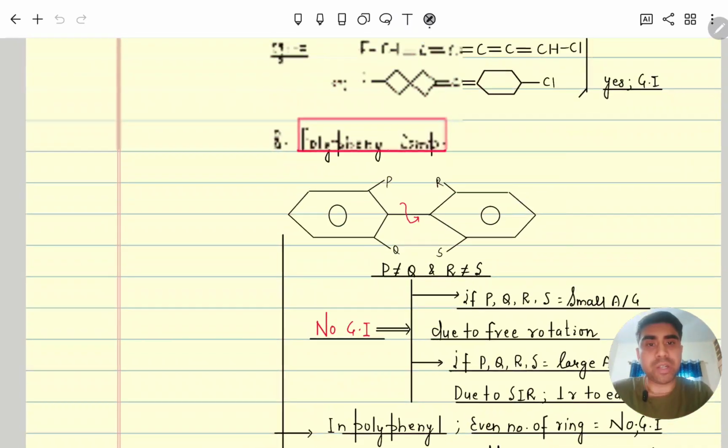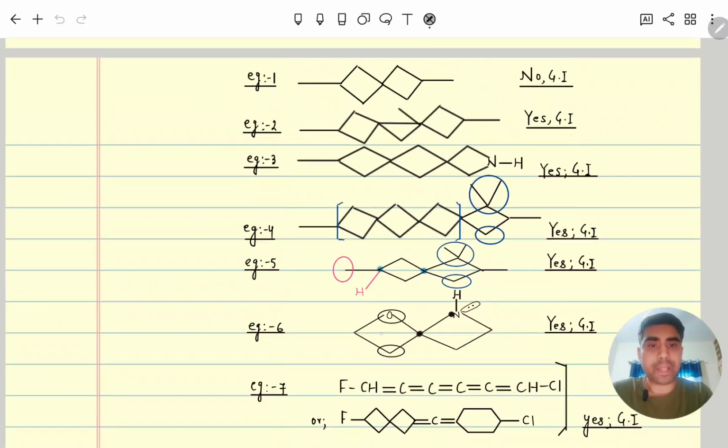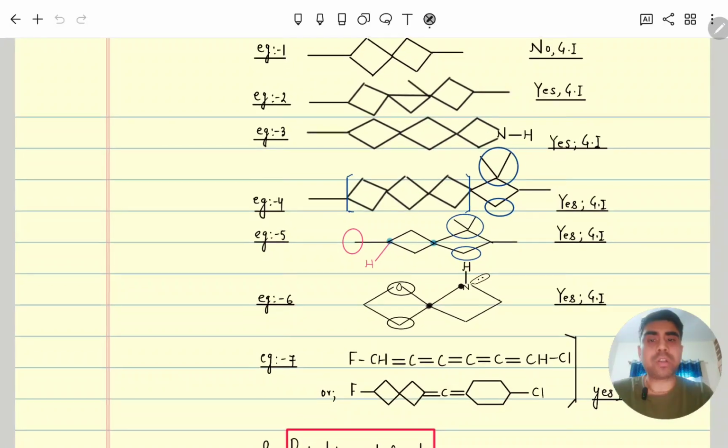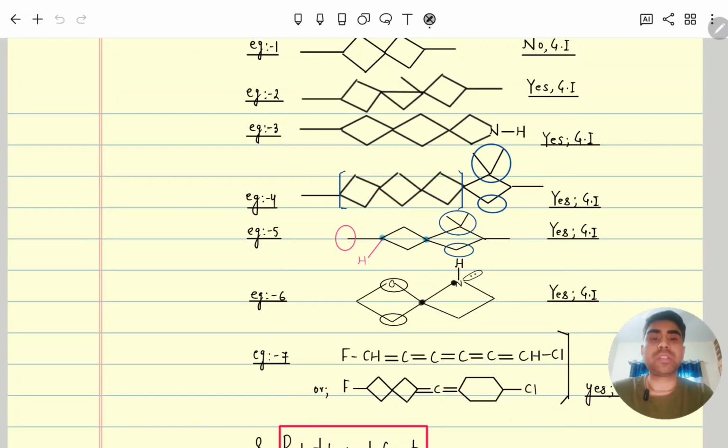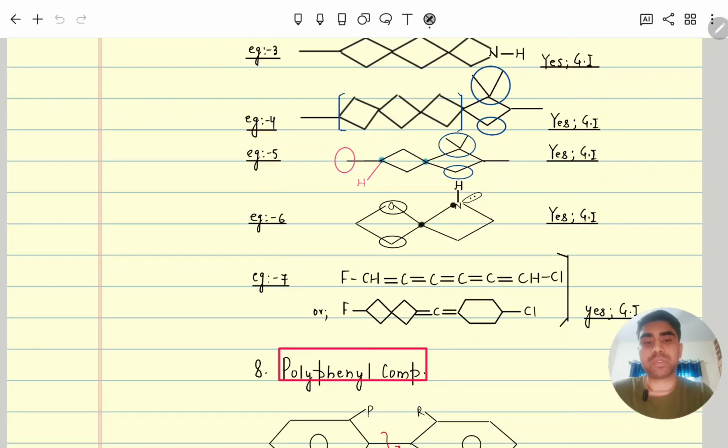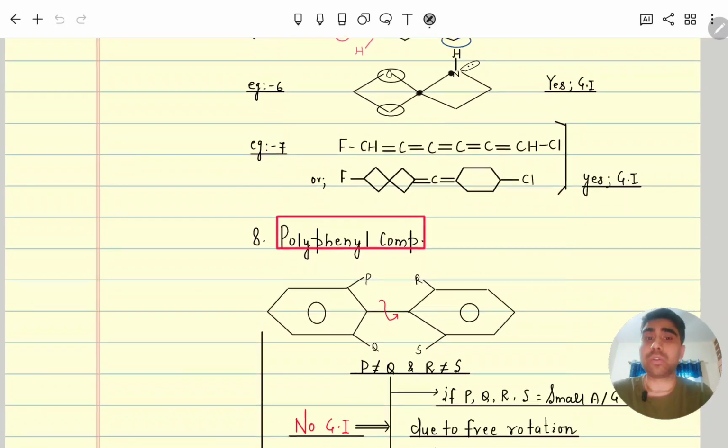Like here we can see it is even, so across even it is not, but in even also here this odd we can consider, and through that it will show GI. So whenever such type of questions are there, give a little extra time like 10 seconds, and after we understand all those conditions, accordingly you say that it will show GI or not.